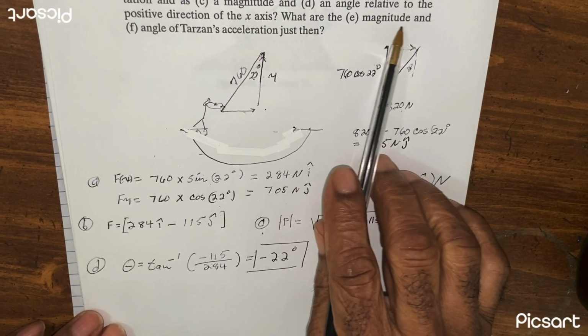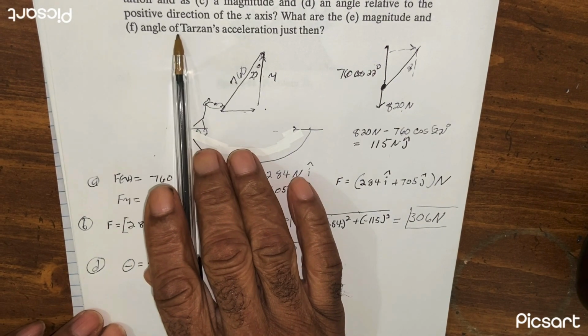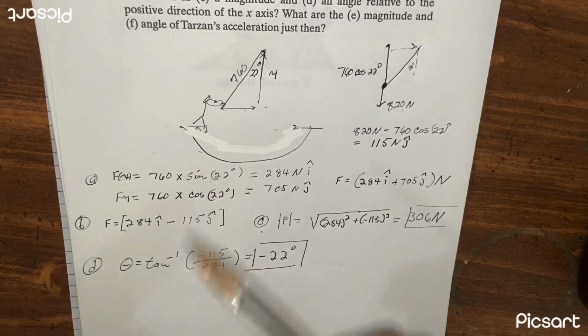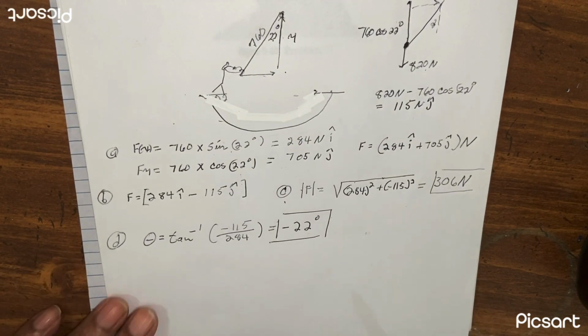And E is the magnitude, and F the angle, of Tarzan's acceleration just then, just as he stepped off the cliff.